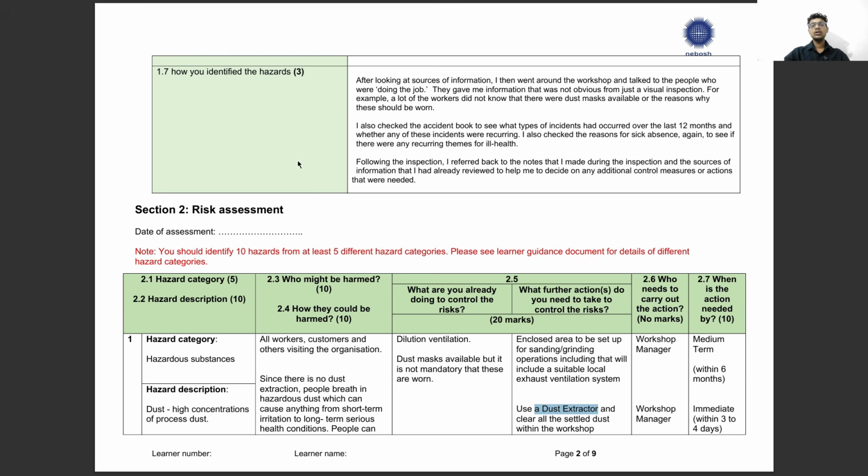Now this is the core thing, section 2, the risk assessment. Here, as said, you should identify 10 hazards from at least 5 different hazard categories. So let's see what is mentioned in the learner guidance.